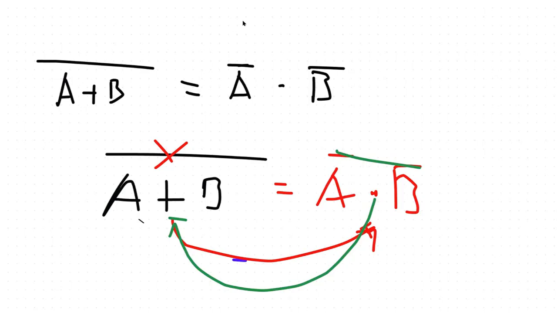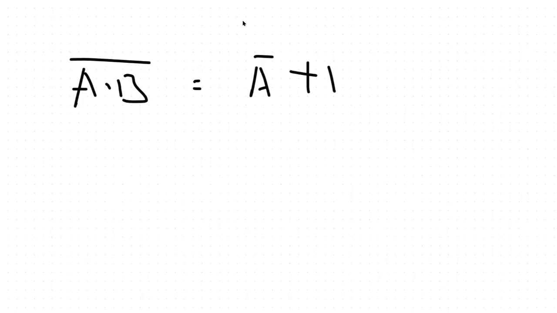Second rule, you have (A and B) bar, which will equal A bar or B bar. How to operate? Same thing, you break the bar, change the and to or. So this one is A and B's bar, and B's bar is this portion.